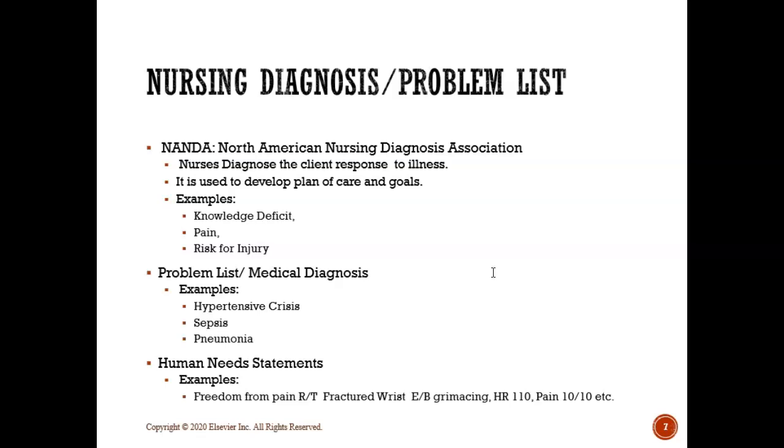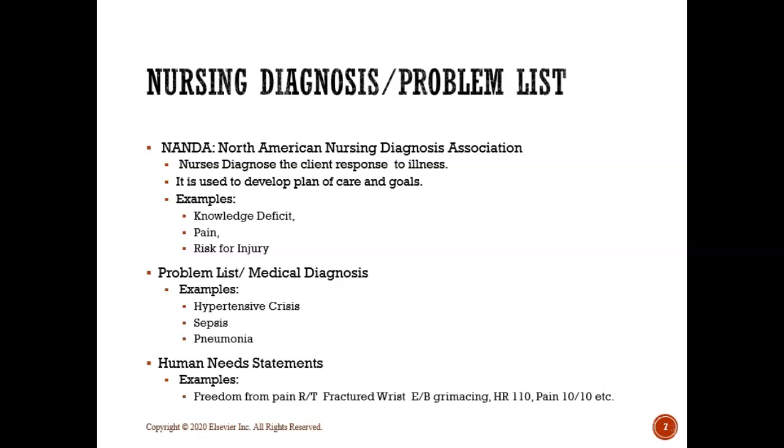How come you think that the patient is in pain? The signs and symptoms would be grimacing, heart rate of 110, and the patient reporting a pain level of 10 out of 10. So this is basically an overview of your nursing diagnosis or problem list. Again, we're going to talk about it more during your fundamentals and or medical surgical nursing class.